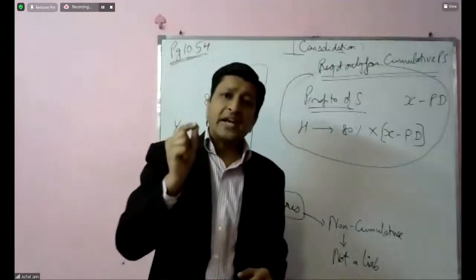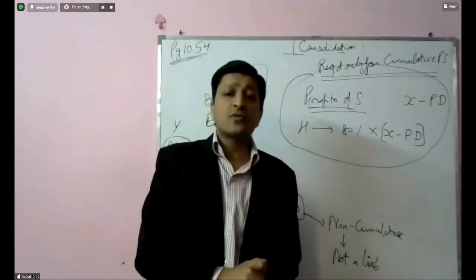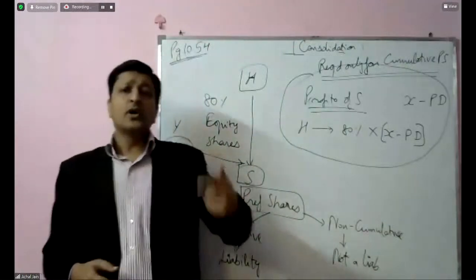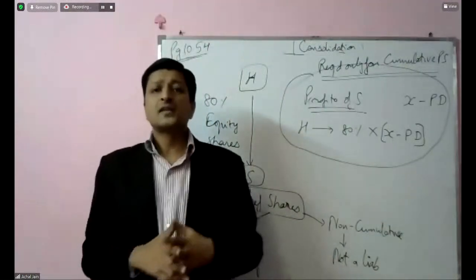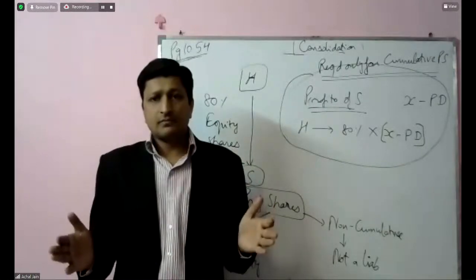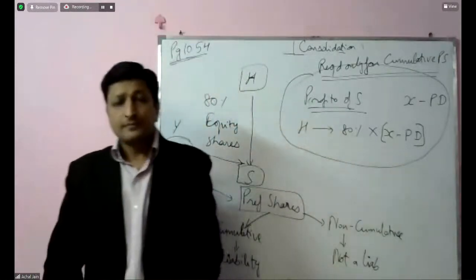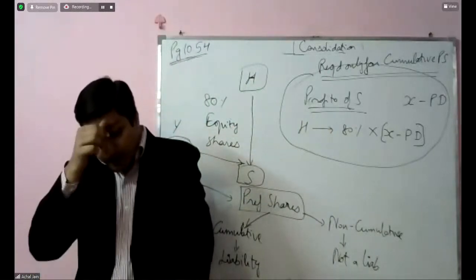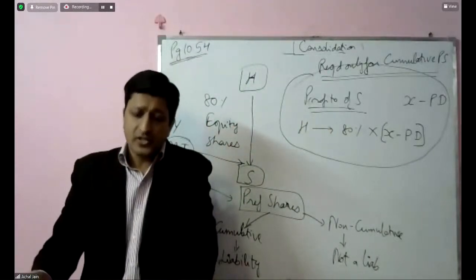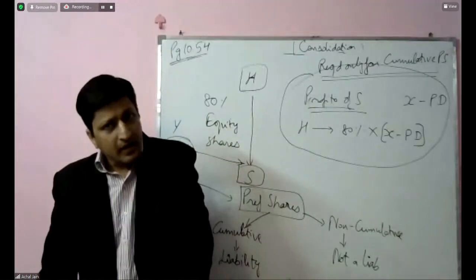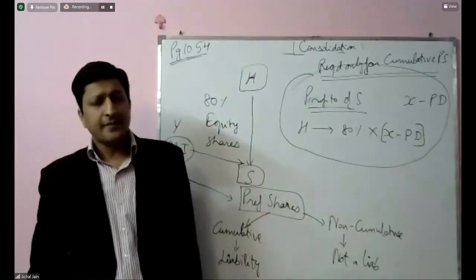What you simply need to understand is that the cash flow statement of holding and subsidiary will also be working on the same principle, meaning line by line addition. That's the principle you need to follow for cash flow statement. Of course, if there are any eliminations, those eliminations will also be made. Clear?